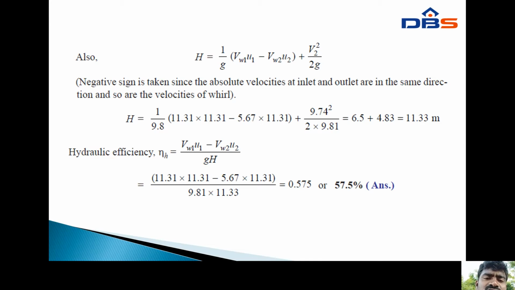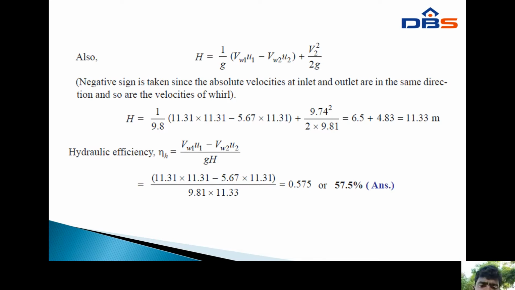H equals 1 by 9.81 into 11.31 into 11.31 minus 5.67 into 11.31, plus 9.74 whole square by 2 into 9.81, that equals 6.5 plus 4.83, that equals 11.33 meters. H equals head.